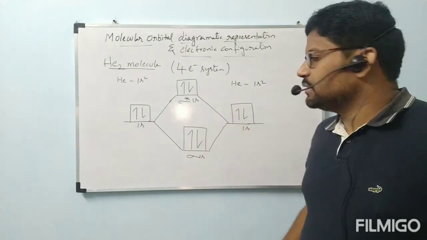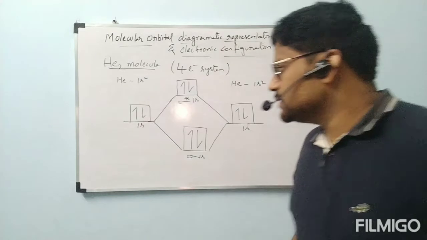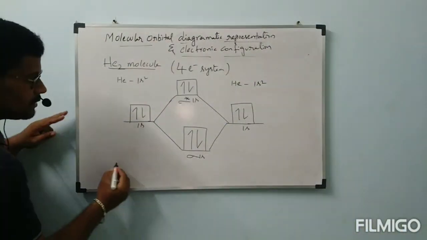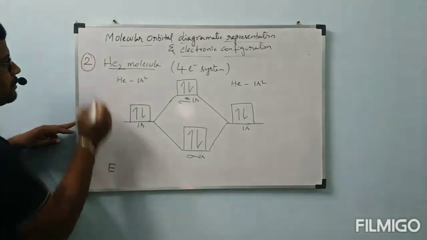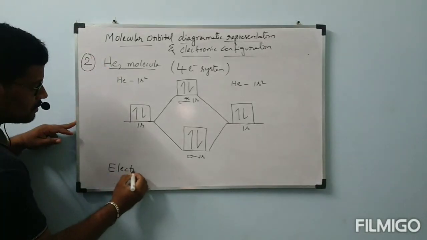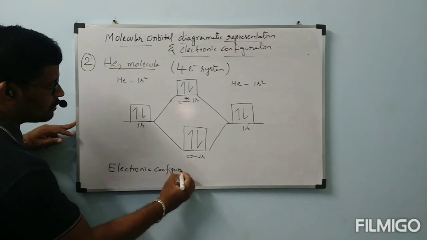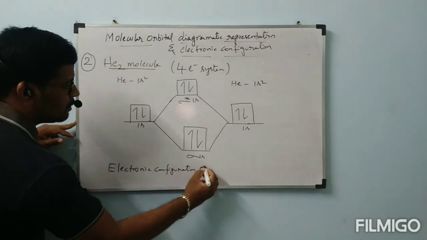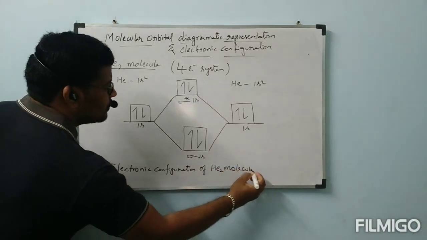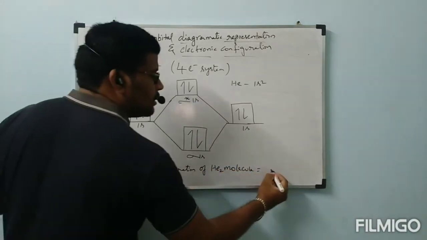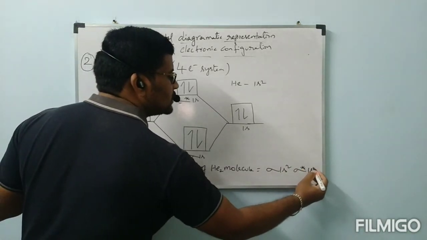With 4 electrons filled, the electronic configuration of the He2 molecule is, I am writing here, sigma 1s2 sigma star 1s2.